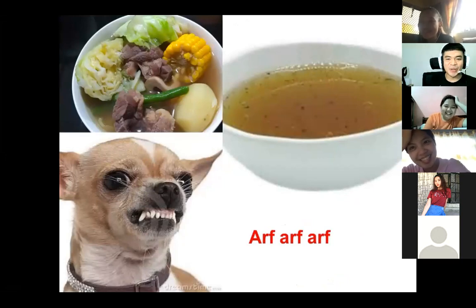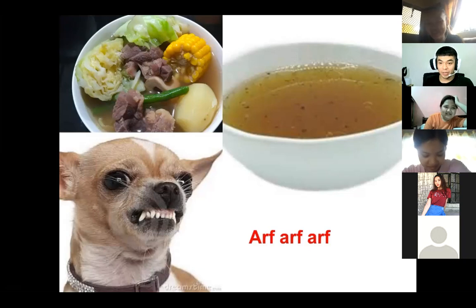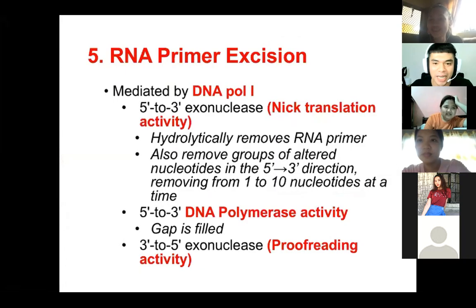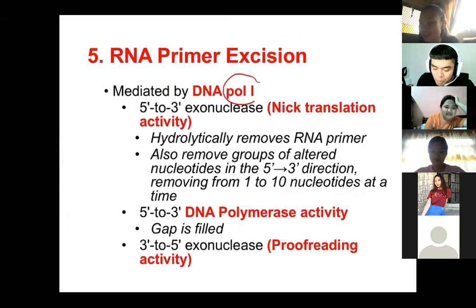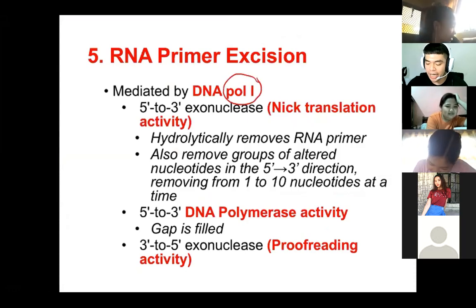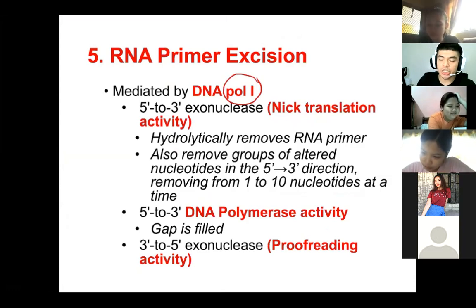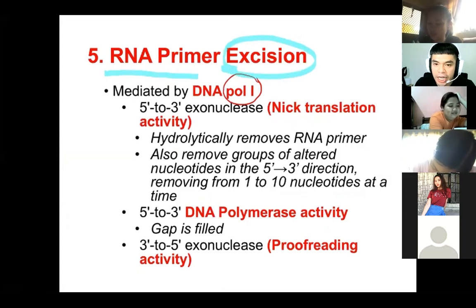Okay. So, after natin sa DNA polymerase 3, may isa pang klase ng polymerase. That is DNA polymerase 1. So, ano ang function ng DNA polymerase 1? Ang DNA polymerase 1 is responsible for the excision of RNA primer.